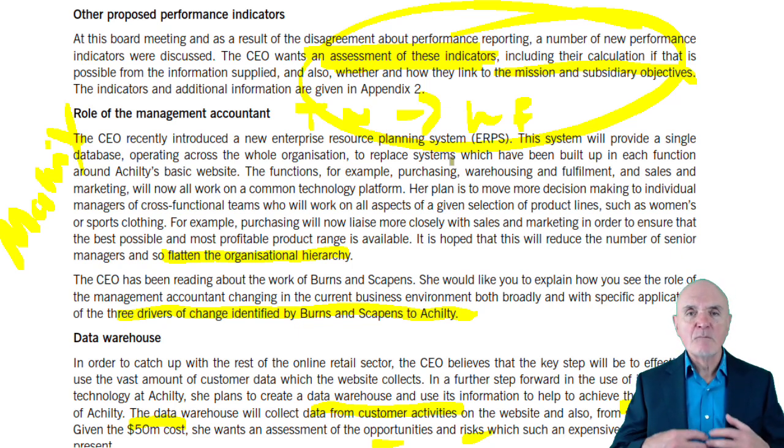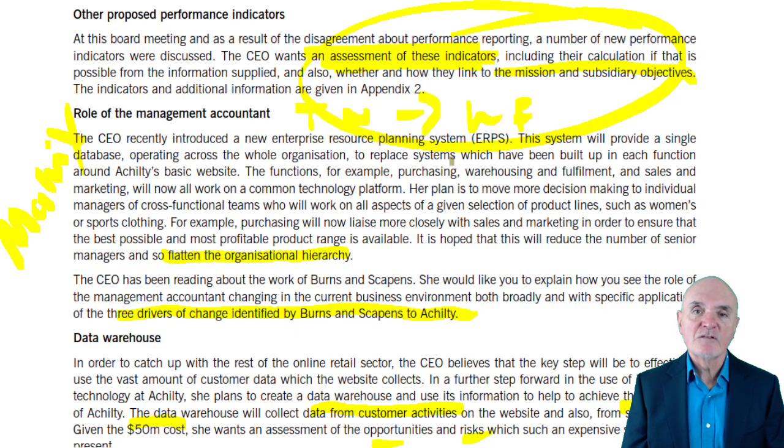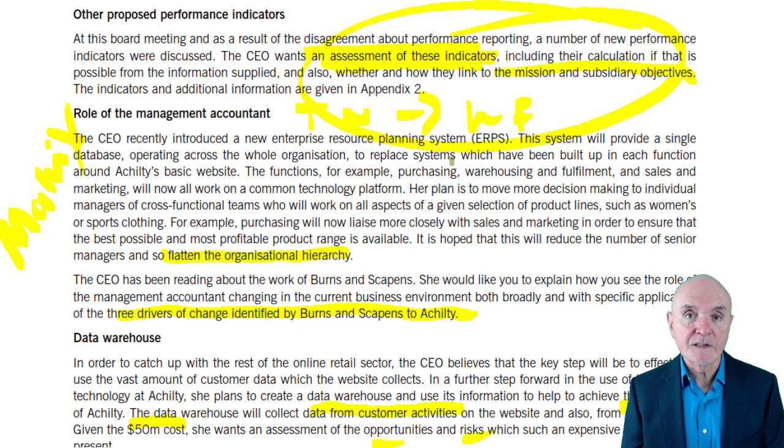And if you have this multitude of information, maybe it takes the management accountant's skills to allow functional managers to see the woods for the trees, to see precisely what useful, ultimately profit-related information can be extracted from the ERPs.